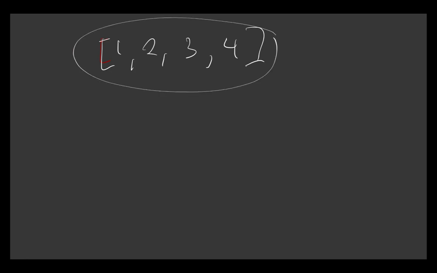So basically, the question is asking if there are any duplicate numbers inside of the array, right? If there are no duplicates like this, and each number is distinct, it's going to return false.